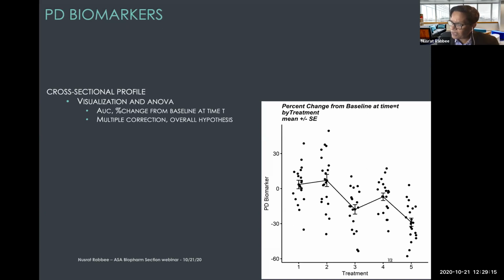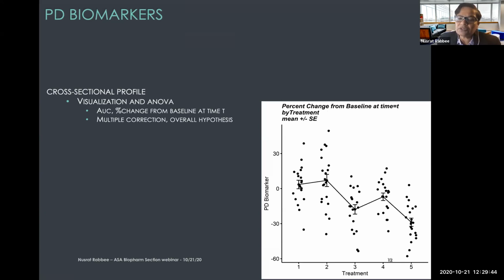What I wanted to say is that this endpoint could be anything. Here I'm showing percent change, but it could be the AUC of that biomarker from time 0 to time t, or the actual value of the biomarker, not the percent change, or just the absolute change. This is just an example of how to make a good plot.